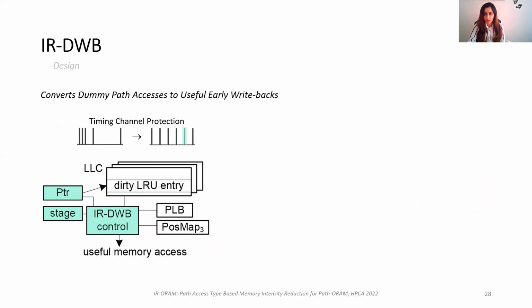Regarding the inevitable dummy accesses for timing channel protection, we propose IR-DWB. It converts dummy path accesses to useful early writebacks. It keeps track of soon-to-be LLC victims for eviction and tries to make them clean by piggybacking on dummy accesses.